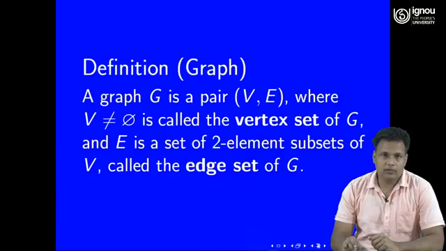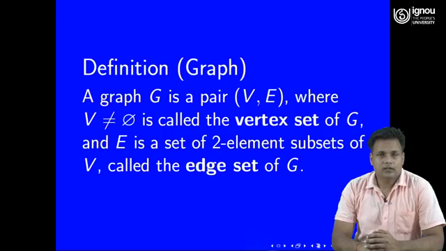So first let's look at the definition of a graph. A graph G is a pair of sets, namely V and E, where V is called the vertex set of G. It must be a non-empty set, and E is a set of two element subsets of V, called the edge set.